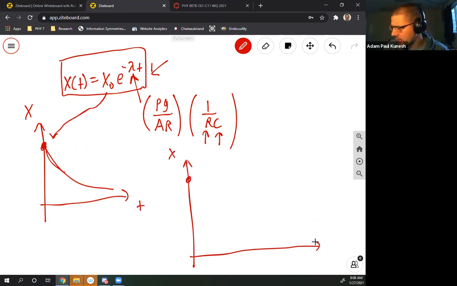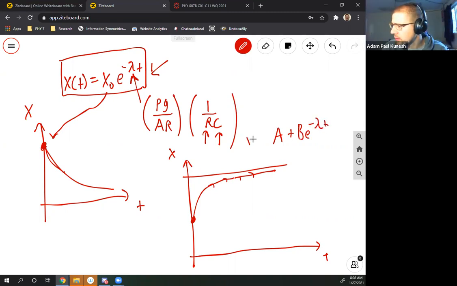If this is x and this is t again, and I have a graph that decays to a finite value, let's say it decays up this time instead, this general form is good: x of t is a plus b e to the negative lambda t, where a is the asymptote and b is down here. I think I might have switched these in the lecture, but they're just constants, so it doesn't really matter.